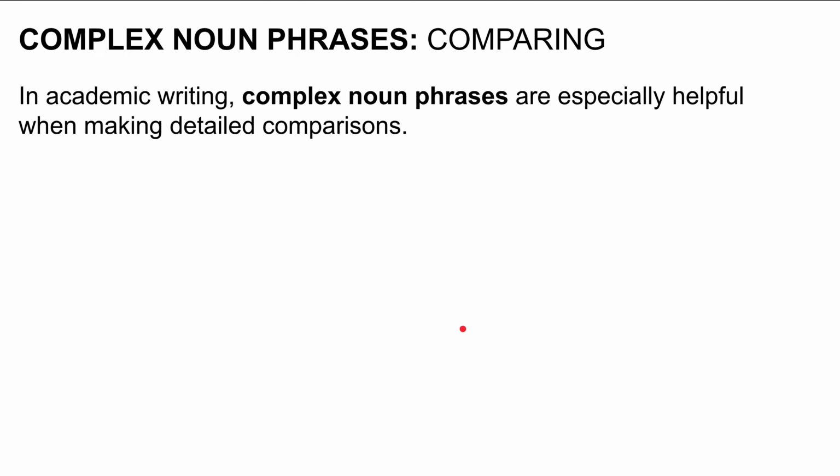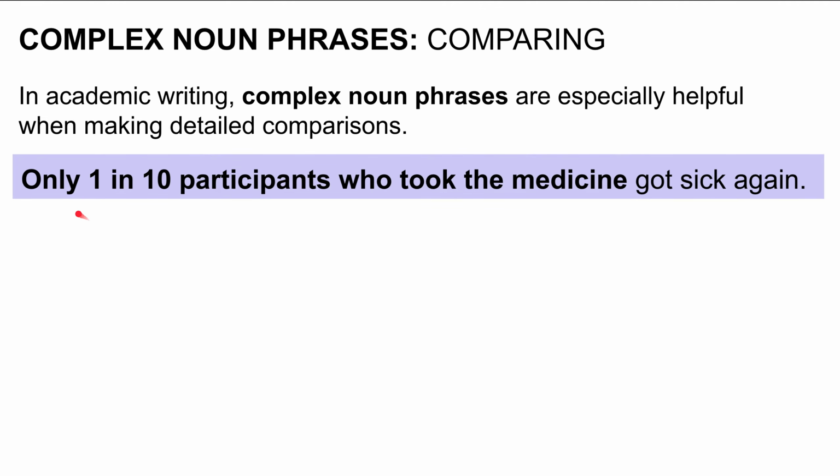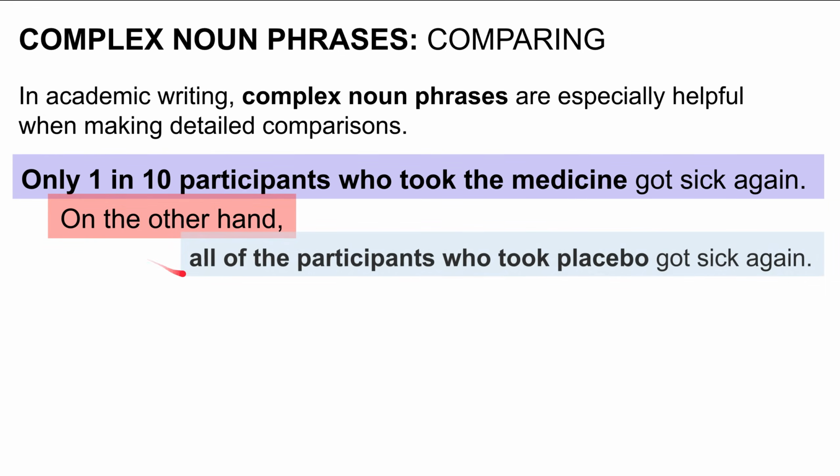Let's move on now. A very important thing to note is that complex noun phrases are used in academic writing, especially when making detailed comparisons. So, for example, only 1 in 10 participants who took the medicine got sick again. On the other hand, all of the participants who took the placebo got sick again.